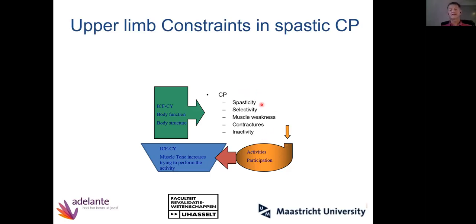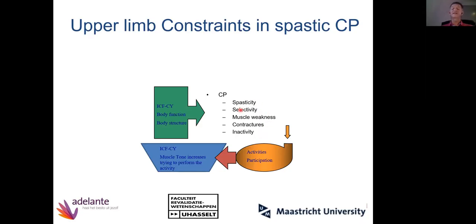First of all, the spasticity, that's one of the types within CP. The next important one is selectivity of movement, so precision and coordination of the movement. A relatively new one since the last decade is muscle weakness, both in upper limb and lower limb. Then the range of motion problems called contractures, and the inactivity problem.